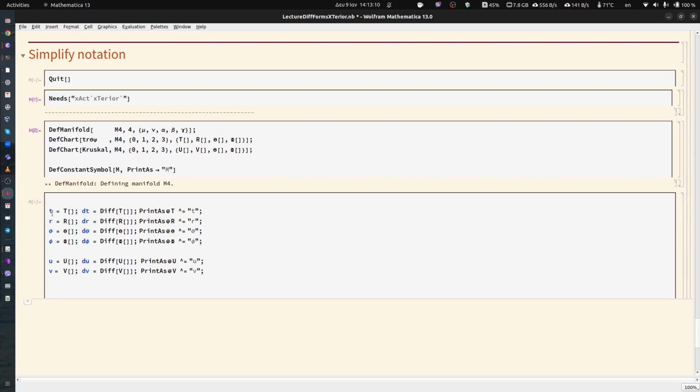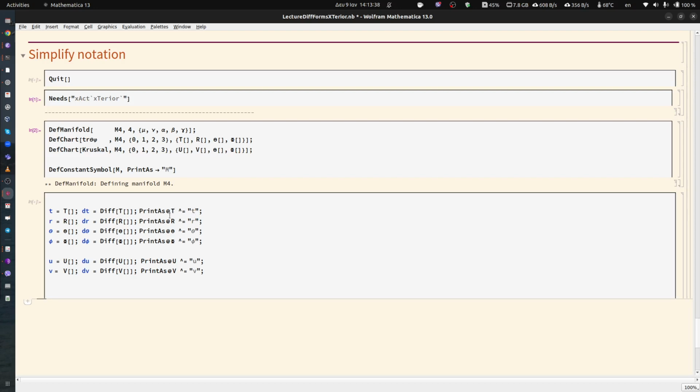So you see now with those definitions, I can use t r theta phi and actually mean the zero forms, representing the coordinate functions, and dt, dr, d theta, d phi to actually mean the differentials. Also, I use PrintAs for capital T now to be printed with a small letter t.